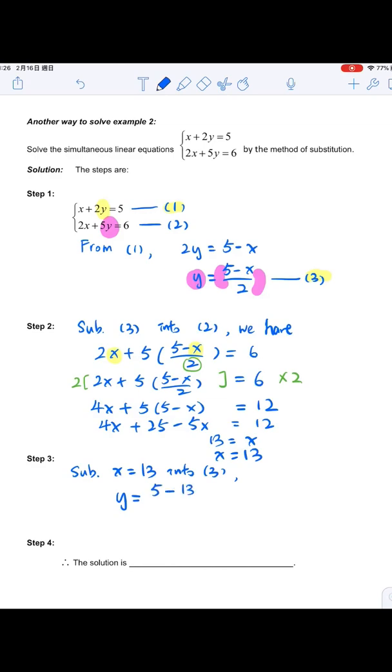And we can find the value of y is (5 minus 13) over 2. So we get the answer. y is equal to negative 4, and the solution is still the same. x is equal to 13 and y is equal to negative 4.